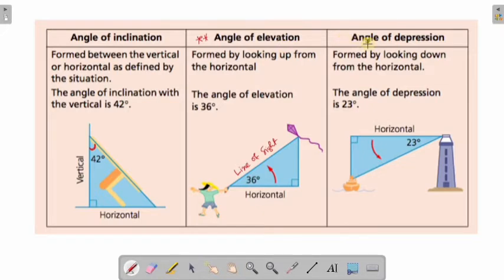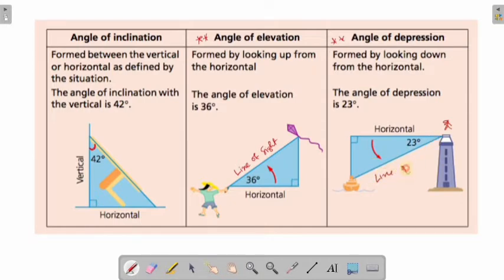Now what is angle of depression? Let's understand that. Angle of depression, this is also very important, is formed by looking down from the horizontal. Suppose there's a tower and you are standing up there. If you are standing up here and looking down, then this is called your line of sight in this case.